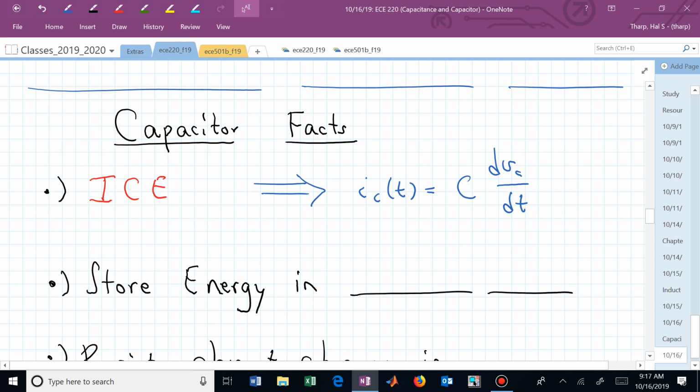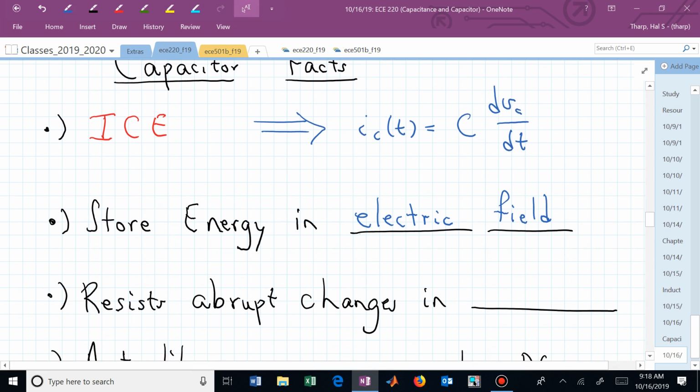That's now, because of this charge separation, that establishes an electric field. That electric field, dual to the magnetic field, is what we are now playing with a capacitor. Dual to what we were doing with the inductor. Now we have energy stored in the electric field, and that's our capacitor.